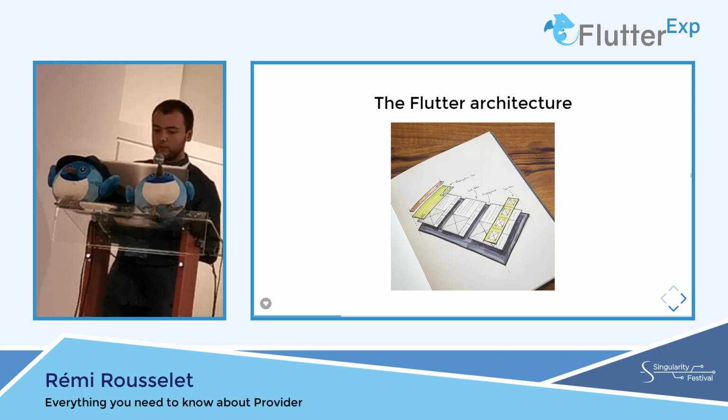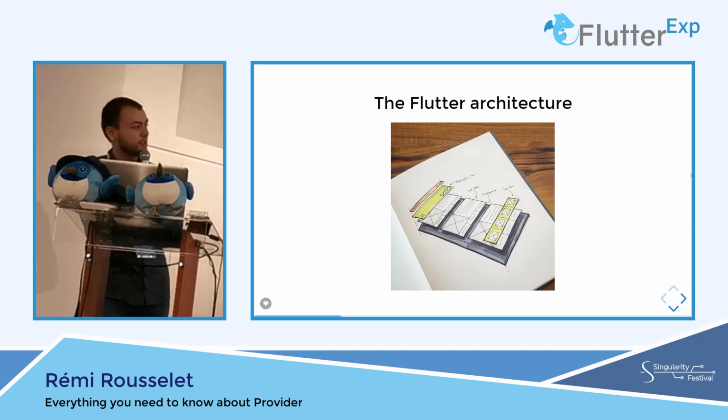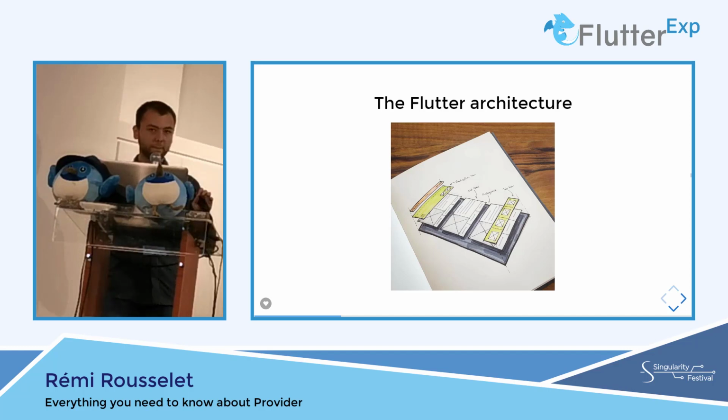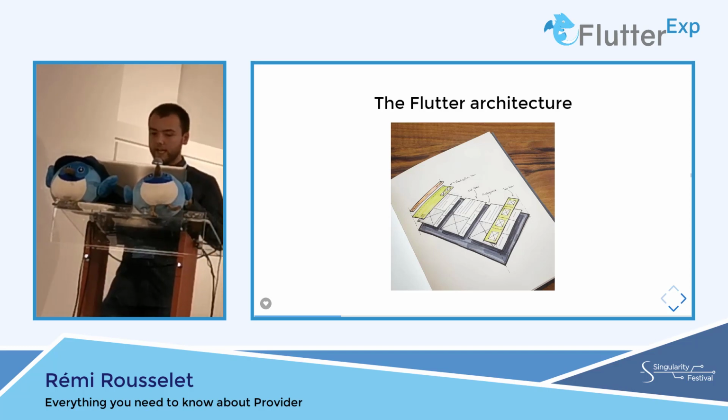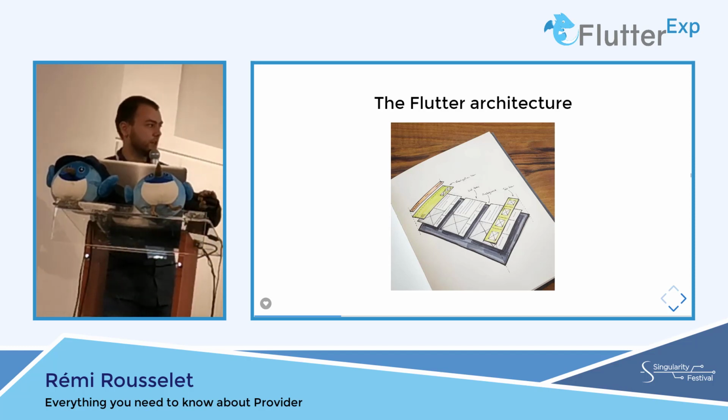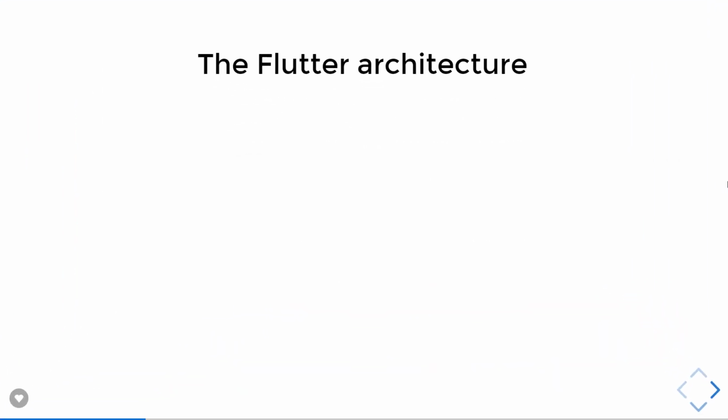Well, I like to think of widgets as the little bits that compose an exploded view of your application. It could be the text, but it could also be more abstract components like a row or application in itself.